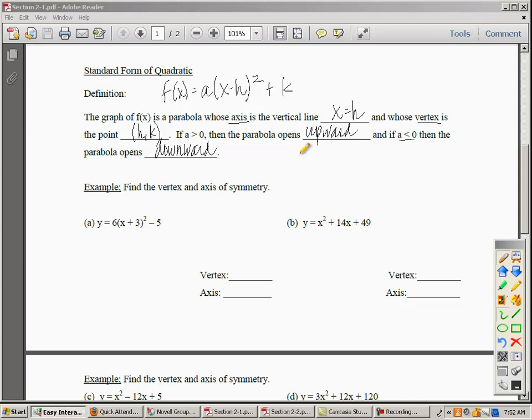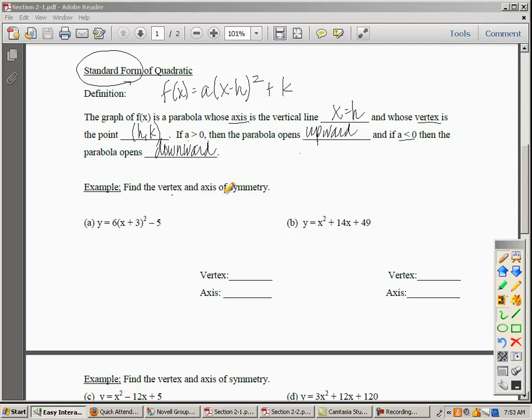We did this in Algebra 2, but in Algebra 2 we called this vertex form. The hard part about this chapter in pre-calc is this is considered standard form, so please keep that in mind. Our goal is to be able to take an equation and tell me things like the vertex, the axis of symmetry, shifts left, right, up, down, stretch, shrink, things like that as we're going through.